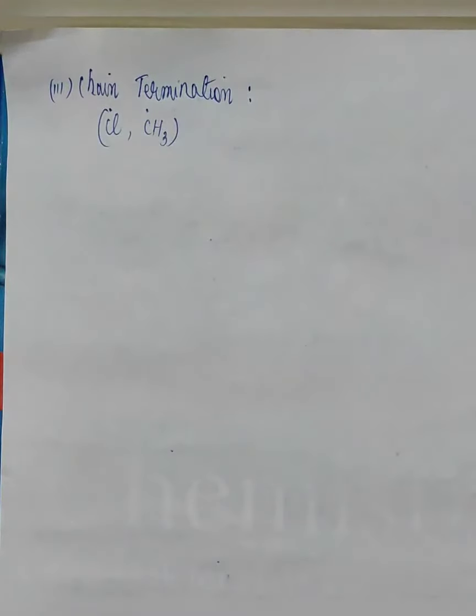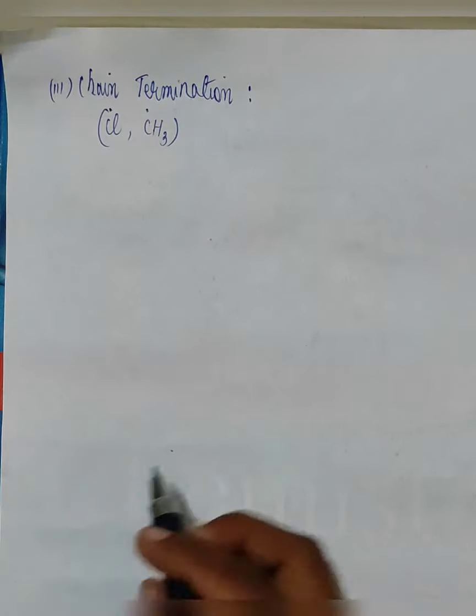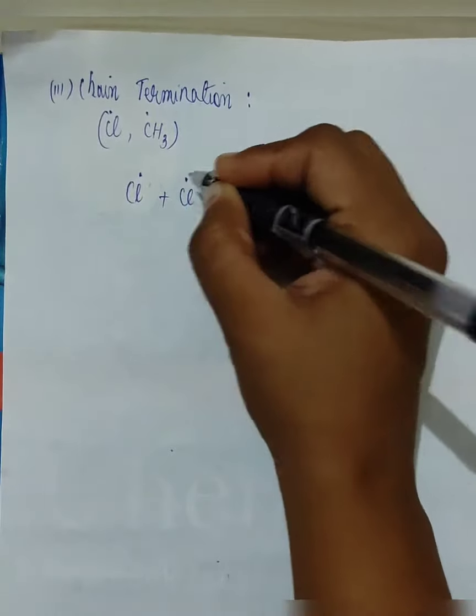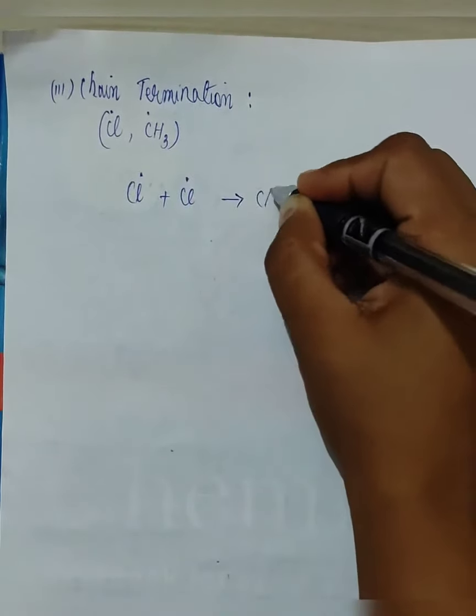Now what are the possibilities of these two radicals to combine? One possibility is that Cl radical will combine with Cl radical, CH3 radical will combine with CH3 radical, and the third possibility is that Cl radical will combine with CH3 radical. Now let us write down all the possibilities. Here Cl radical will combine with Cl radical, giving Cl2.